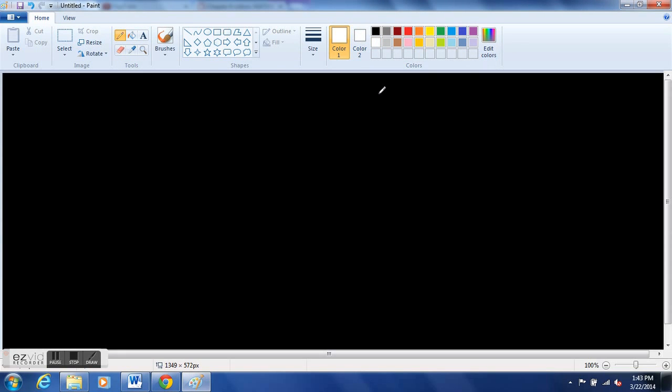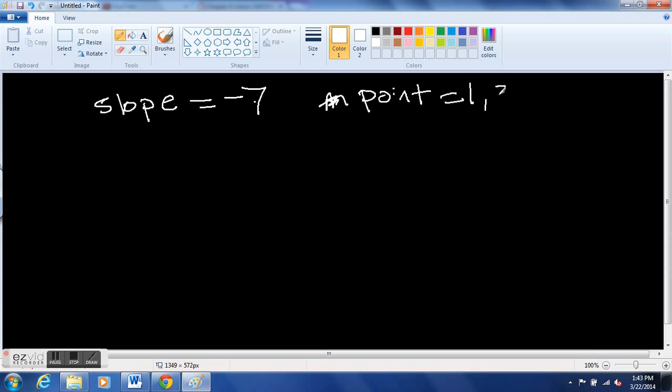So here's what we're saying. Our slope of our tangent line is equal to negative 7, and a point on the line. The point is equal to 1 and 3. So now if we want to find the equation of the tangent line at the point, we're going to use this formula.